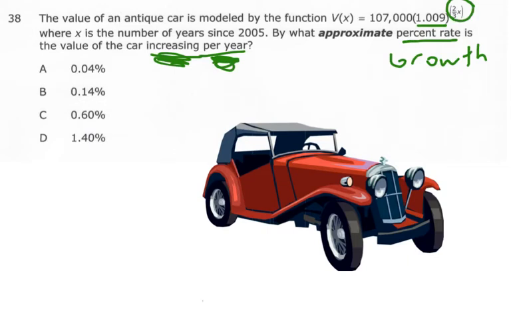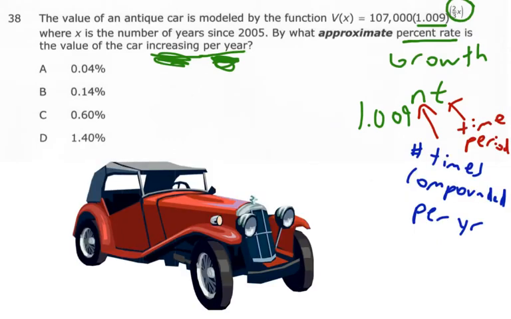So this must be to the nt power, and remember that because this is being compounded, the n is the number of times that it is compounded per year, and the t represents the number of time periods.